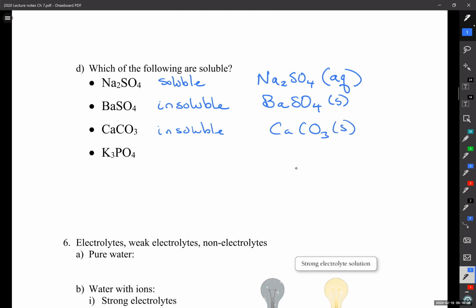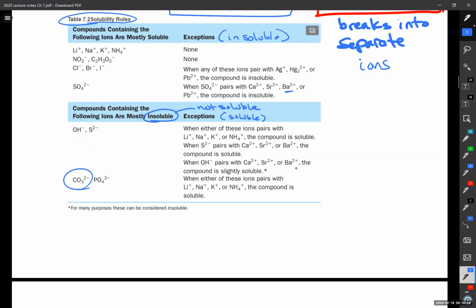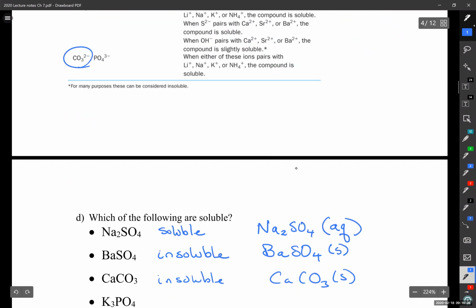Okay, so I'm going to teach you this generally. Look at potassium phosphate. Phosphates are right next to carbonates, right? Is potassium an exception? Yes, it is. So it's soluble.